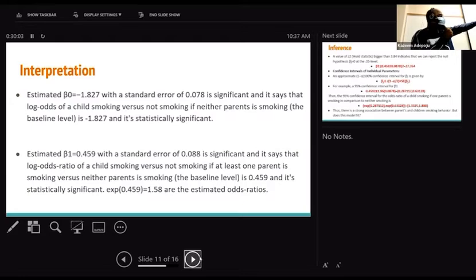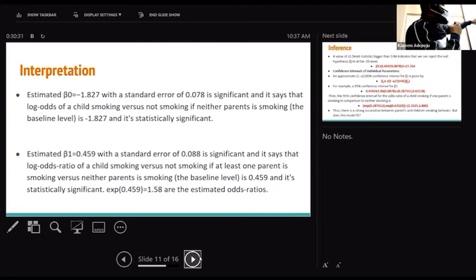So that value is talking about the log odd of a child smoking versus not smoking. Don't forget, in the logistic regression model, you have a log odd, where the one at the top is student smoking and the one at the bottom is student doesn't smoke. So the log odd means the log of student smoking divided by student not smoking.